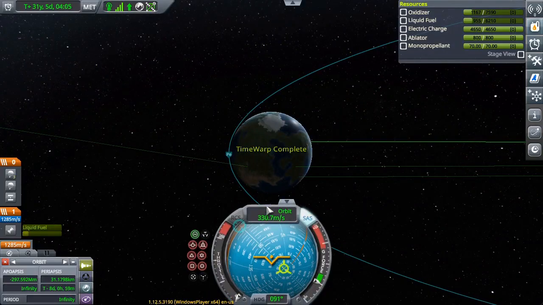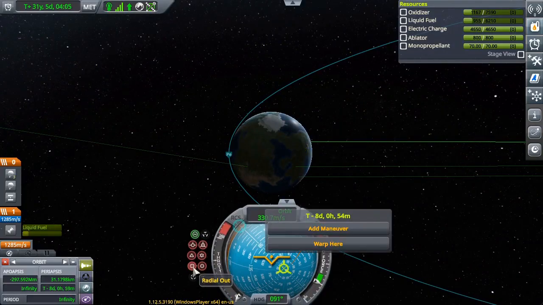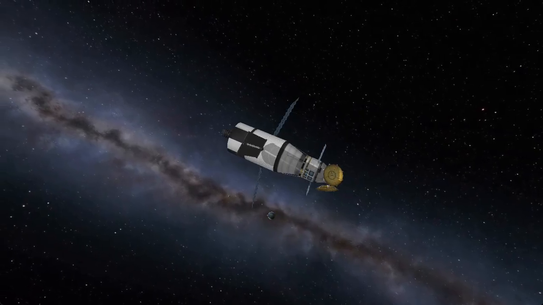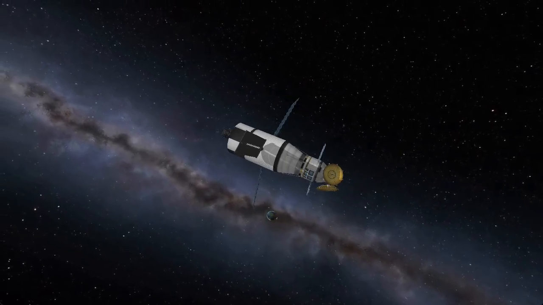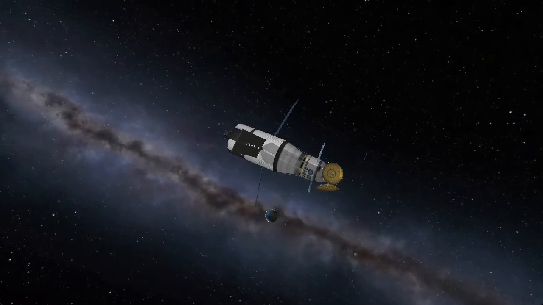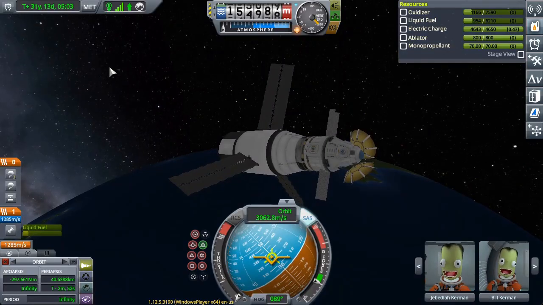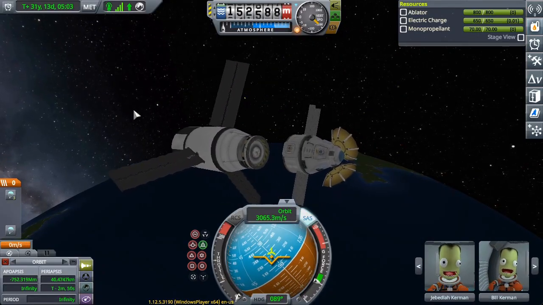Alright, so now I just need to do radial out. There's the blue planet. It would be really cool. Oh my gosh. Okay, never mind. There you go.